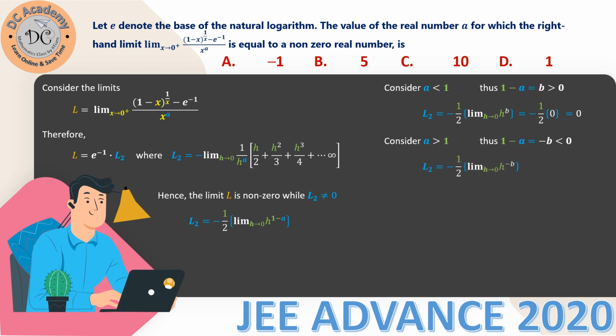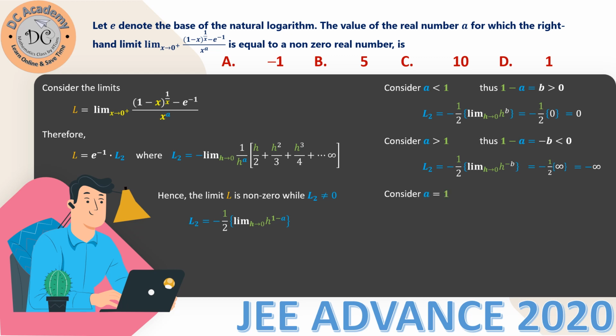So L2 will be h to the power minus b, which becomes the limit h tends to 0 of 1 by h to the power b. If I apply 0, it is in the form of 1 by 0, so obviously it's infinite. Whether the limit exists or not, I'm not analyzing on that basis because in this case that is meaningless. But yes, it is infinite, so we can say it will be minus infinity.